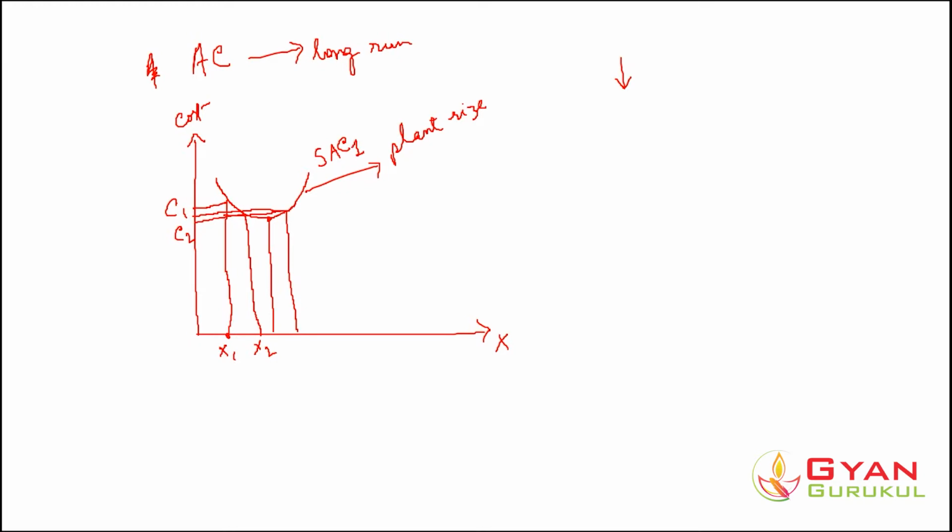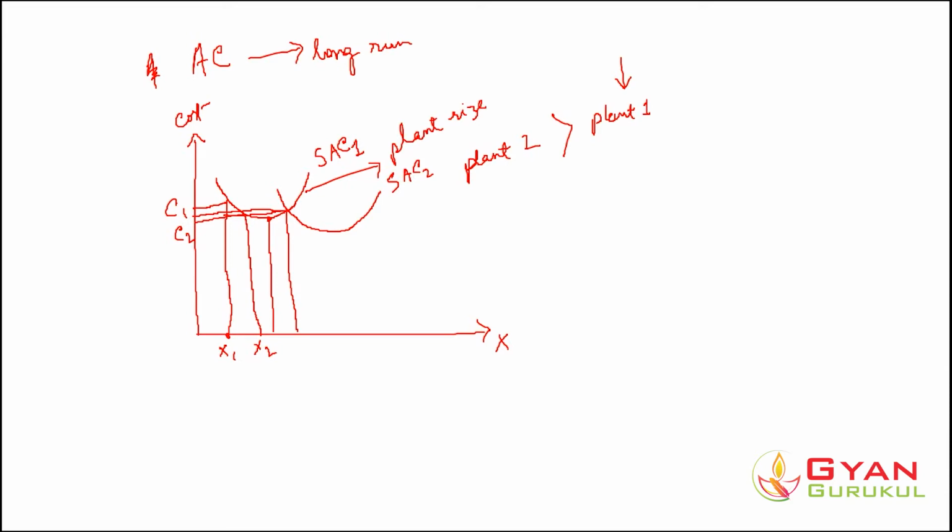Now let's say there is another plant. This is SSC2, represented by the short run average cost 2. This represents plant 2. The size of plant 2 is greater than plant 1. Clear?